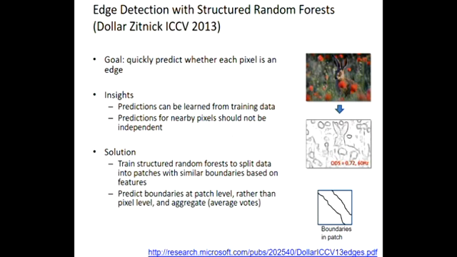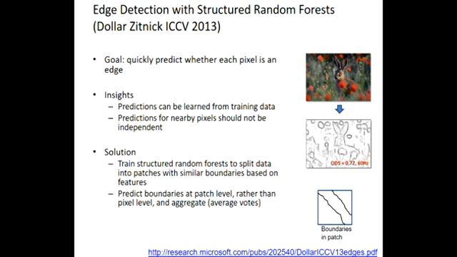All right, so this is a machine learning method for predicting edges. It's called edge detection with structured random forests. I don't want to get too much into the machine learning method, but the basic idea is that you can learn to predict edges from training data. You have some images with known boundaries in your training data, and then you want to predict for a new test image where the boundaries are.